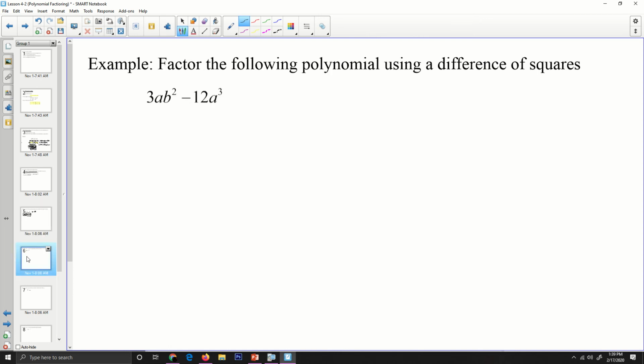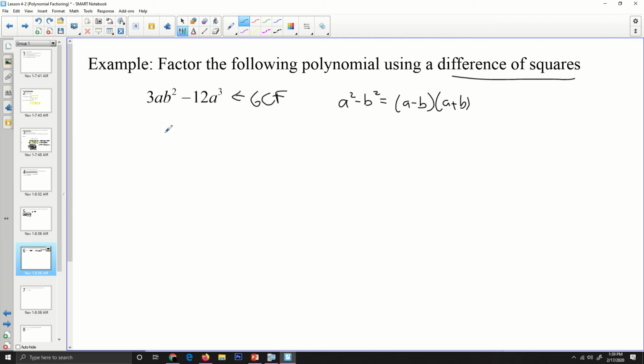All right, factor the following polynomials using a difference of squares. We remember that the difference of squares rule is a squared minus b squared can be factored into a minus b times a plus b. When I look at this thing, I don't see right away a difference of squares. So the first thing I want to do is a GCF first.